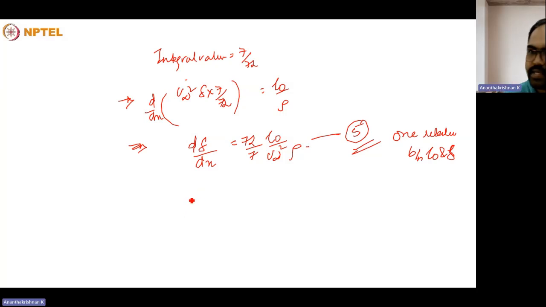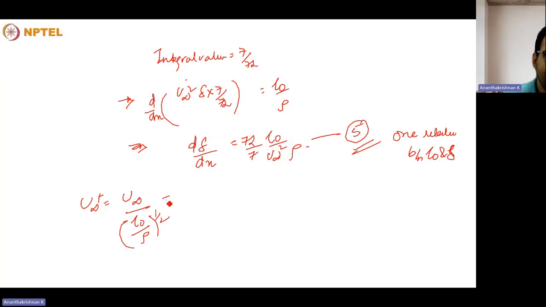Unlike the previous case where we could have directly written shear stress equal to mu dou u by dou y at the wall, it's not possible here. Instead of that, we can use the definition straight away. The definition of u infinity plus is u infinity divided by the friction velocity, the square root of shear stress divided by rho.